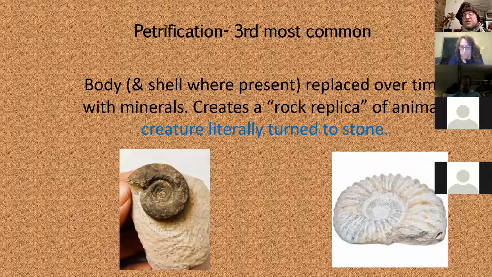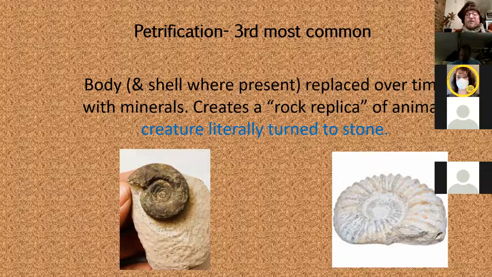That creates a rock replica, as I call it, of the animal, meaning that the creature has literally been turned to stone over time. And I will show you some examples of that. Any question on the difference between those two things? Okay, good.